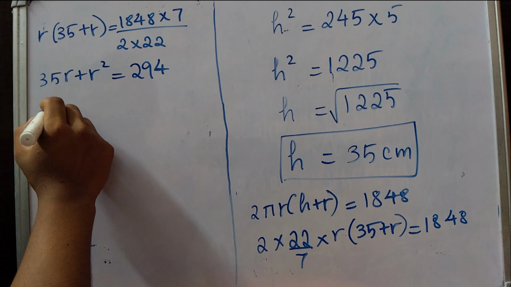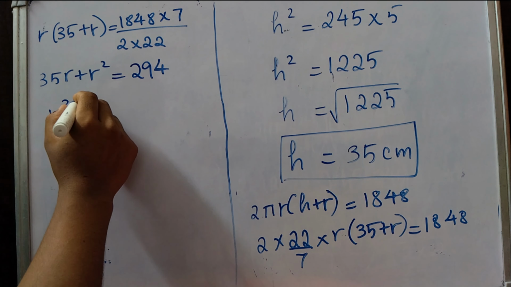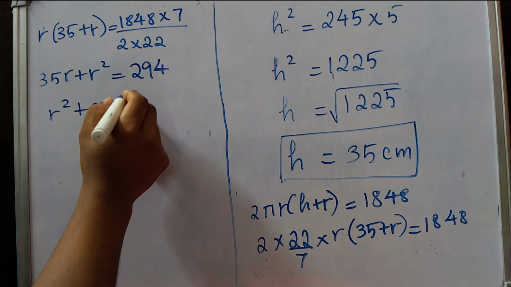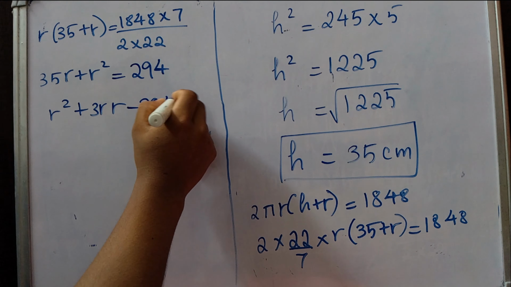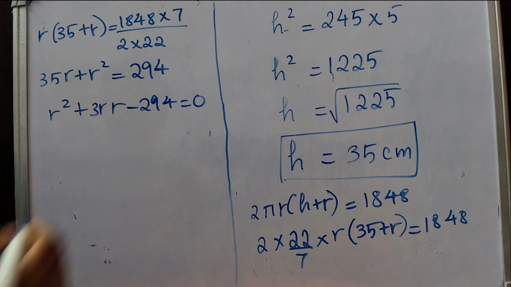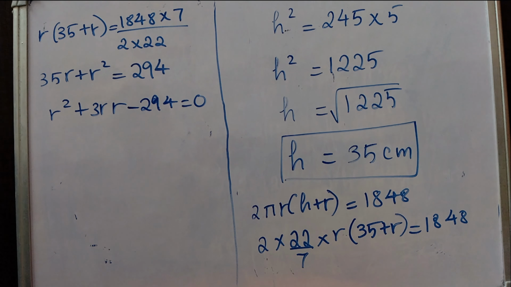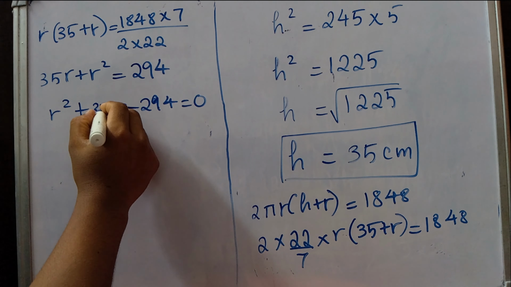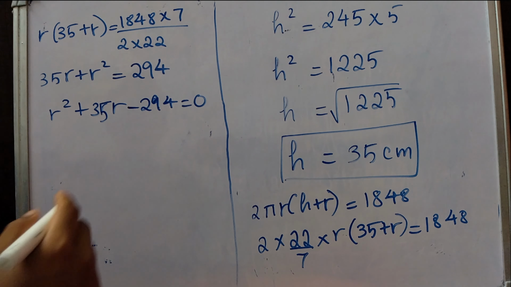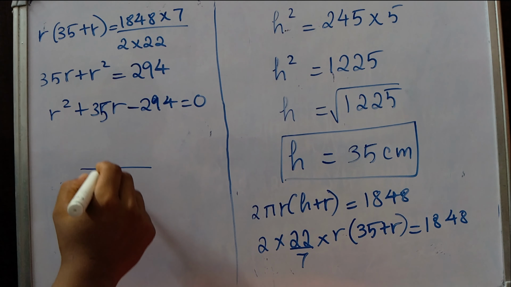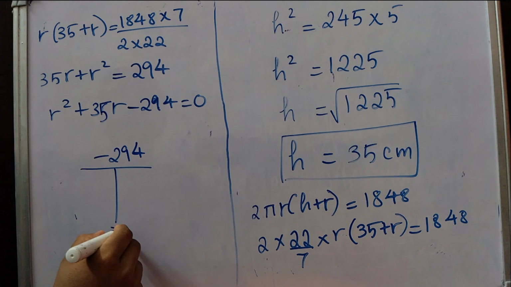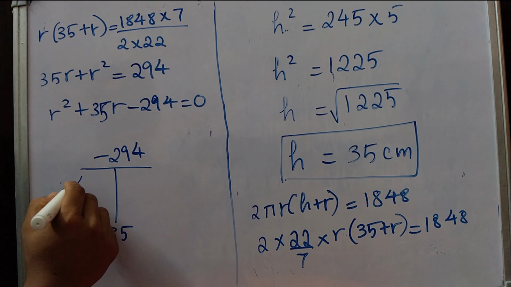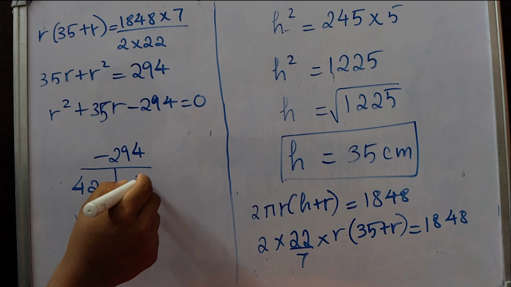294. Now we have a quadratic equation. R square plus 35R, taking 294 to the left side, we get minus 294 is equal to 0. On solving this quadratic equation, we will get the value for R. For this we can use the product-sum method: minus 294 and 35, the factors are 42 and minus 7.